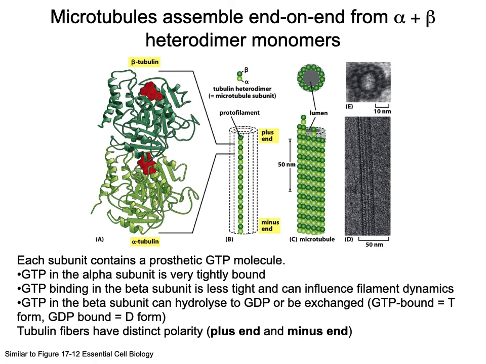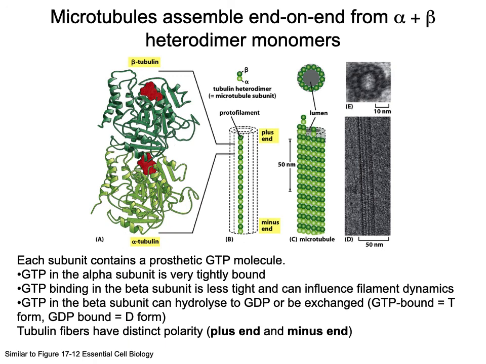Because of that, this causes a shift in this heterodimer so that a rotation occurs. As you can see in panel C, because of this rotation, we end up creating almost like a circular staircase, if you will, of these heterodimers.